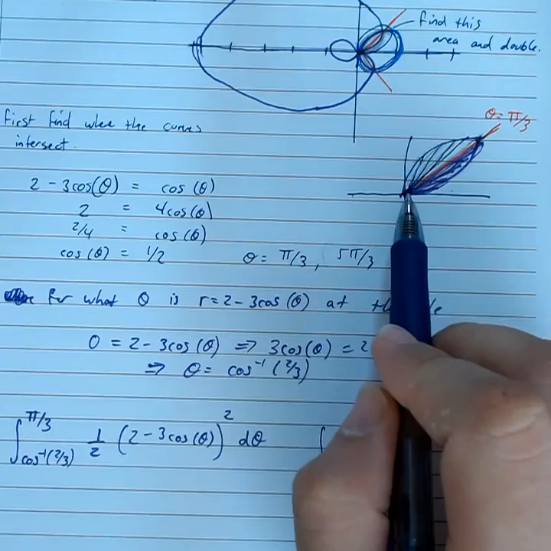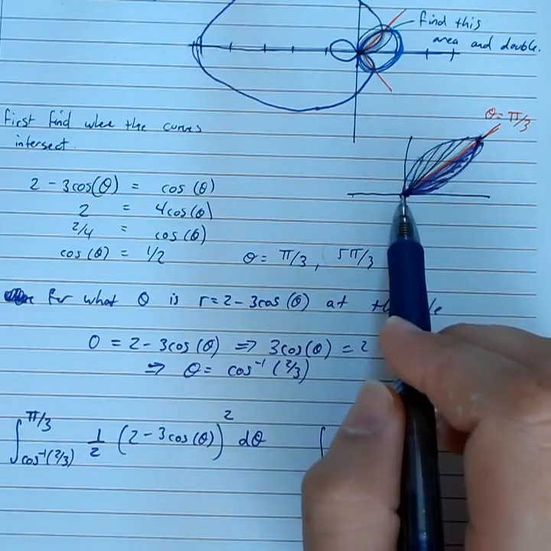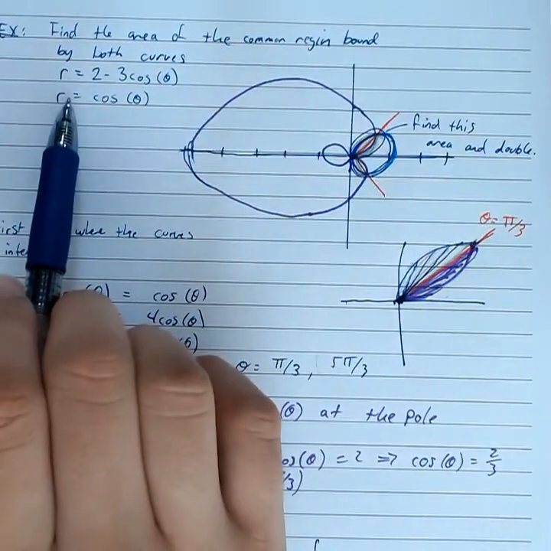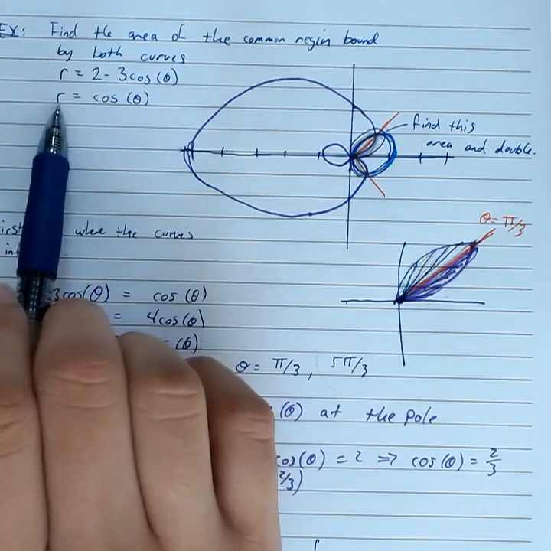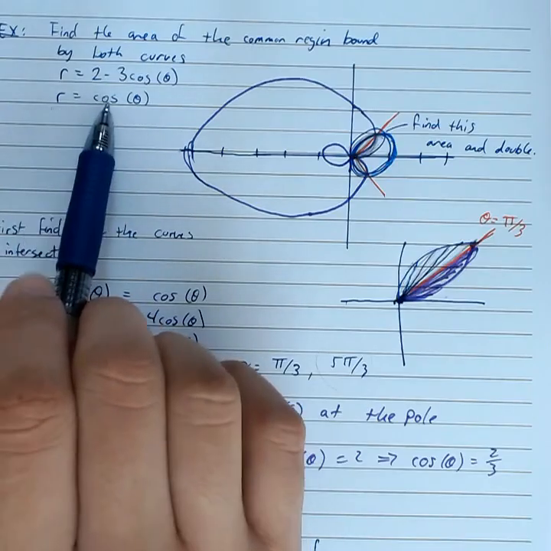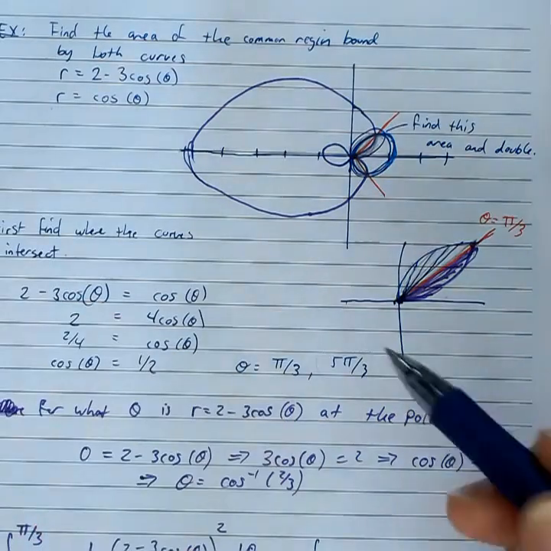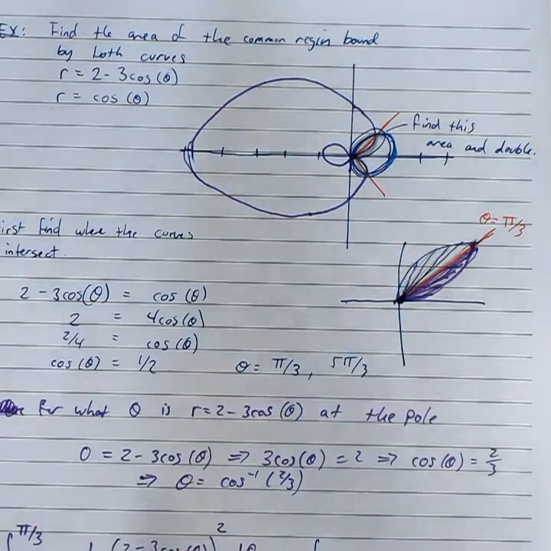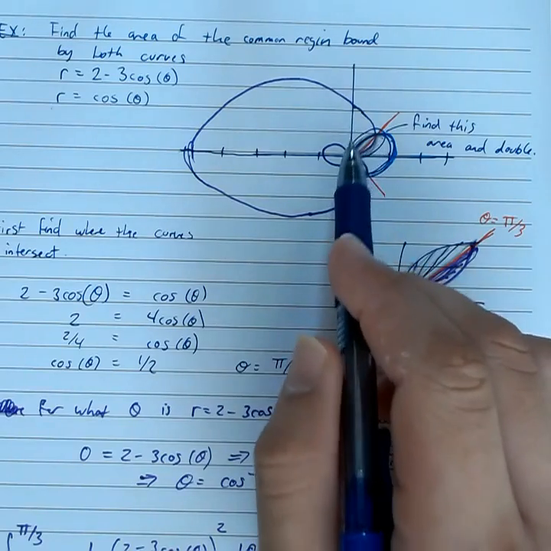Here, this one's a little simpler to do. We want to figure out where this circle is going to hit the pole. And that's much simpler. Here, if we're going to hit the pole, we want r to equal 0. Okay, so what angle gives you cosine of that angle is equal to 0? Well, pi over 2, right? Or 3 pi over 2, but that will put you down here in this region. So here, pi over 2 is going to be up here.